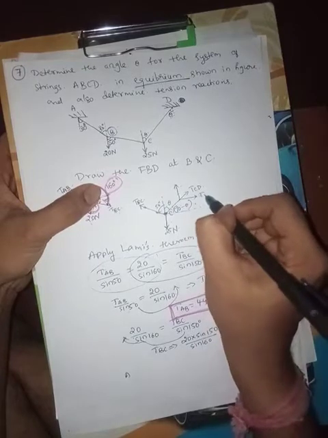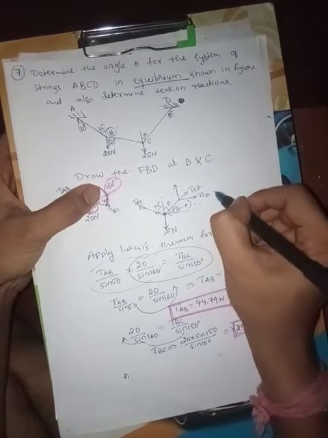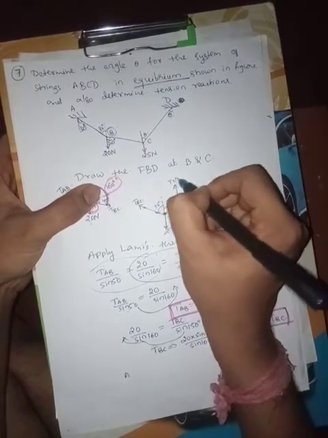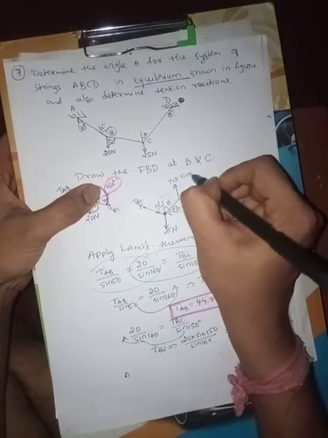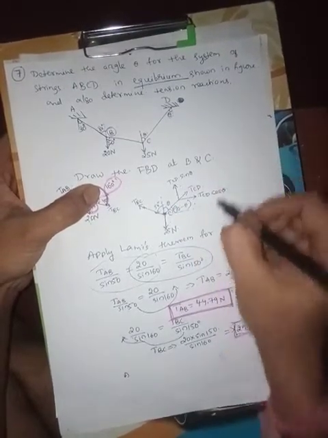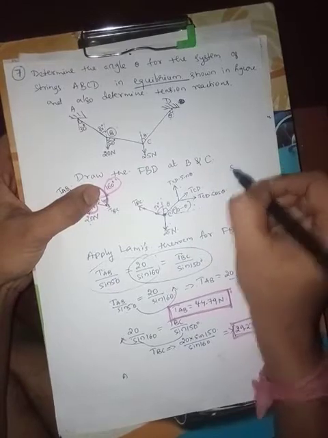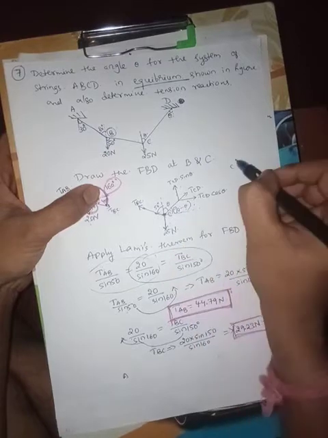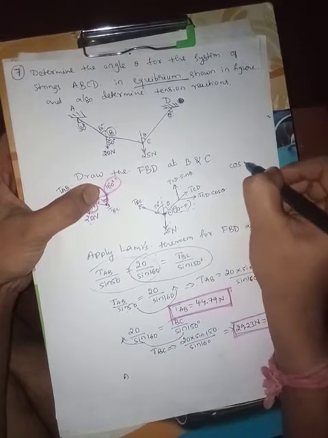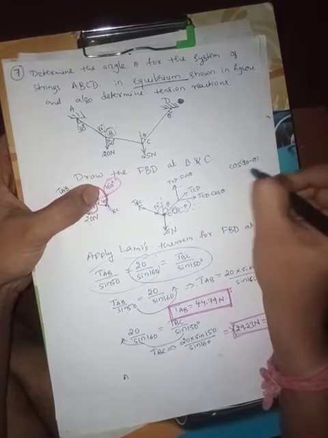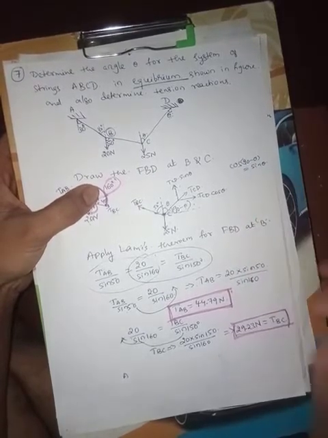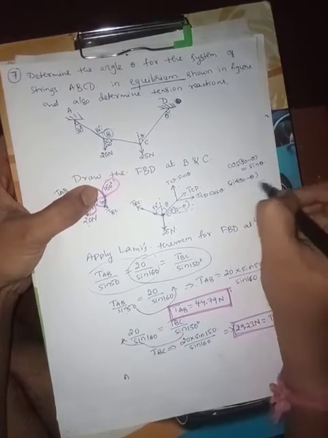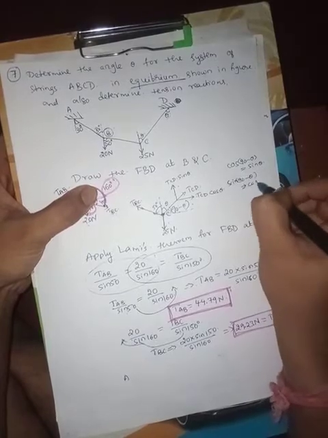TCD cos theta for the horizontal component, and for the vertical component TCD sine theta. So what is cos of 90 minus theta here? Cos 90 minus theta is nothing but sine theta, from the property of trigonometry. Similarly, sine 90 minus theta is nothing but cos theta.